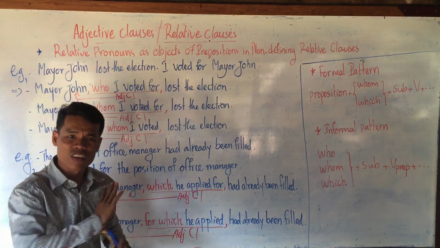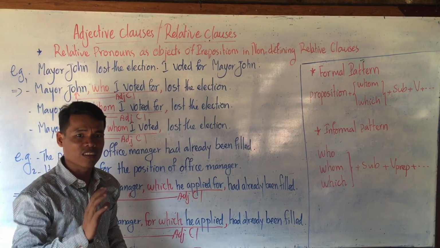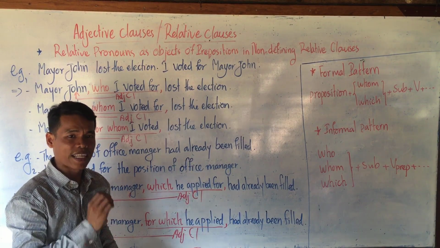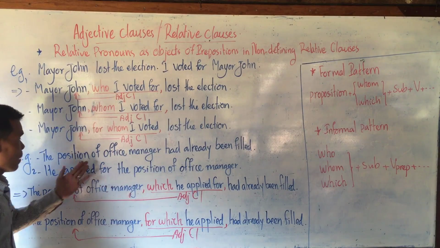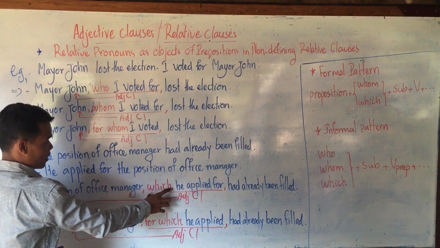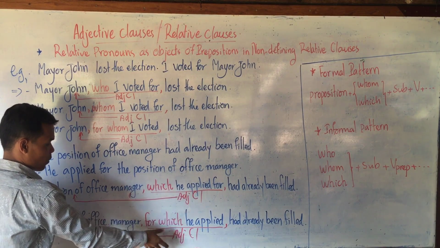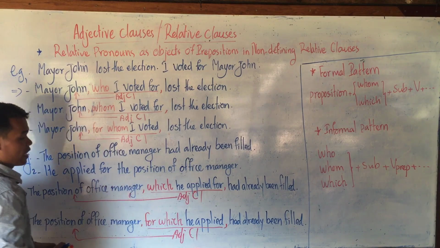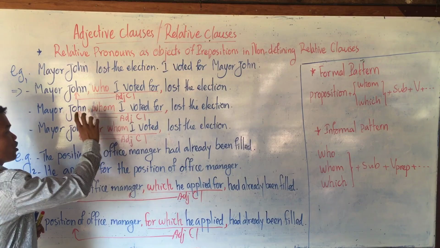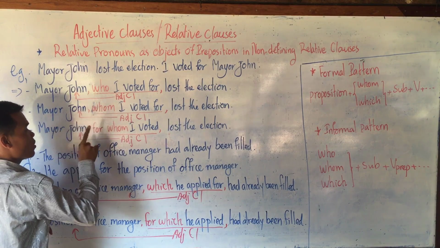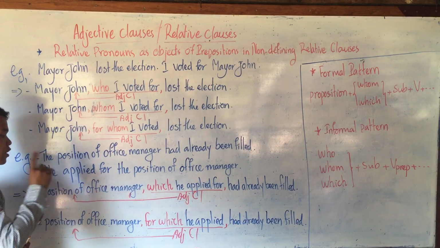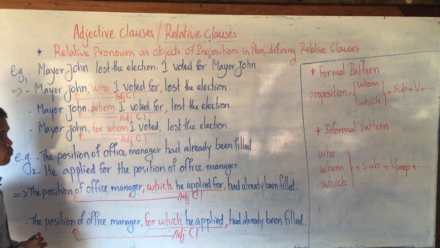The answer is no. In a non-defining relative clause, you cannot delete whom or who when it is the object. How about things? For things we can write two sentences: one, only which, and number two, preposition before the relative pronoun. For a person, when you use a preposition before the relative pronoun, we use only whom. For things, when the preposition is before it, we use only which.